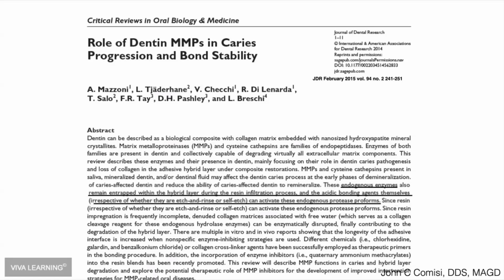And the acidic bonding agents themselves, irrespective of whether it's total etch or self-etch, activate the endogenous proteinase proforms. Why? Because of moisture, because the dentin is always moist. We think that we're eliminating the water when we're creating the bonding, but unfortunately, that's not really happening. There's always going to be moisture coming up from the dental tubules, as we talked about earlier.